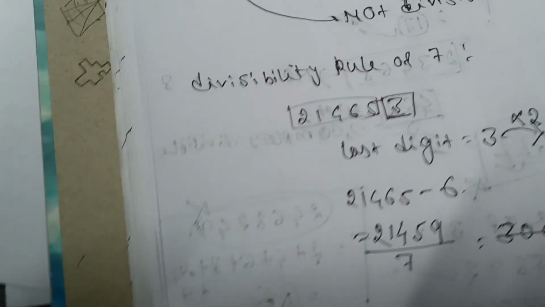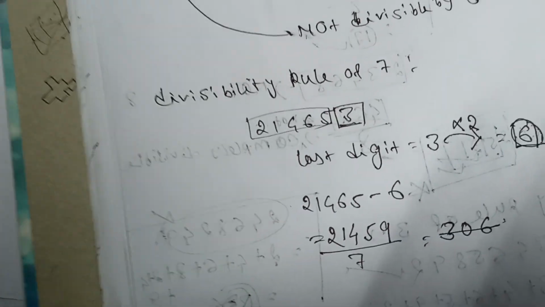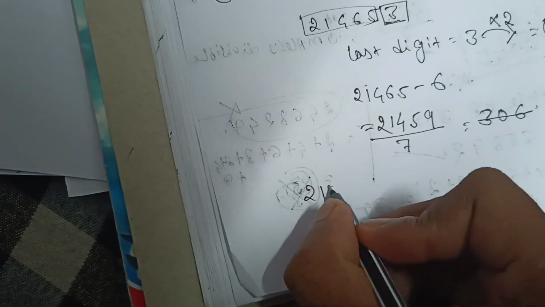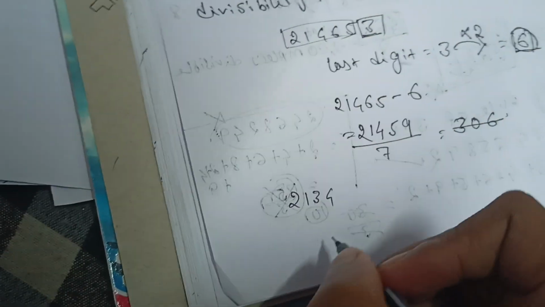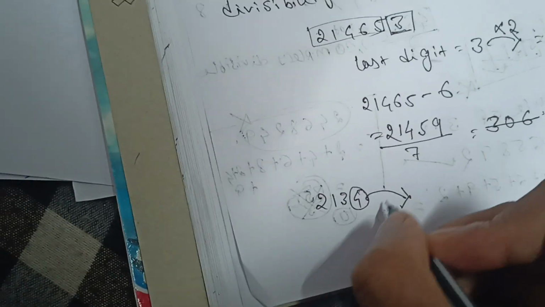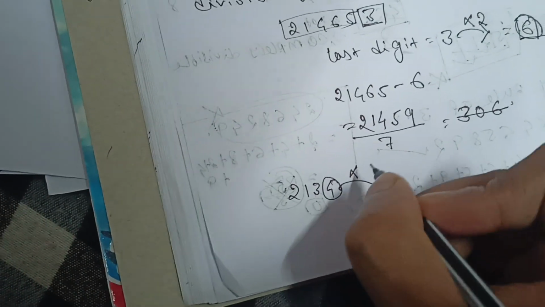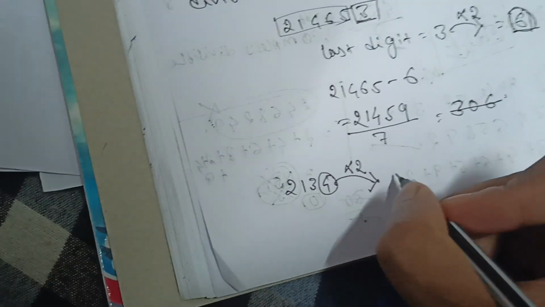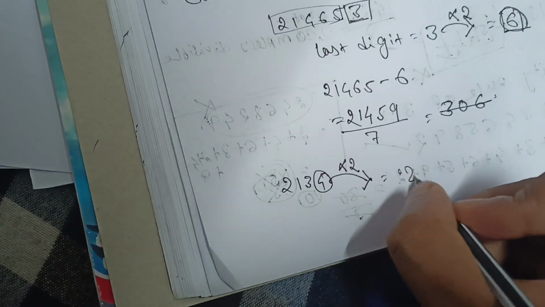Let's take a short example, 2134. Here the unit digit is 4, so you have to multiply it by 2. You will get 8.